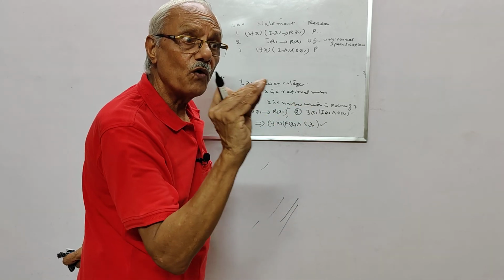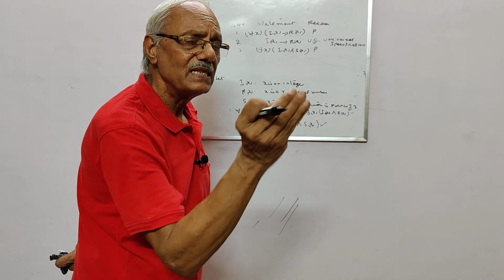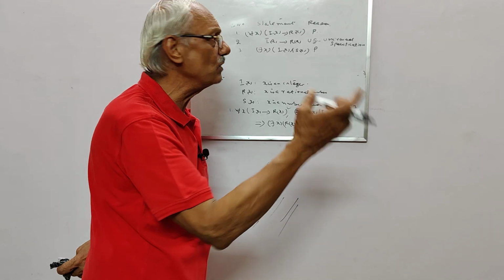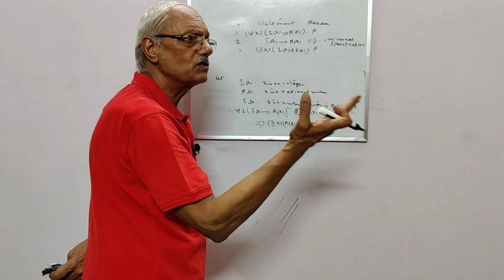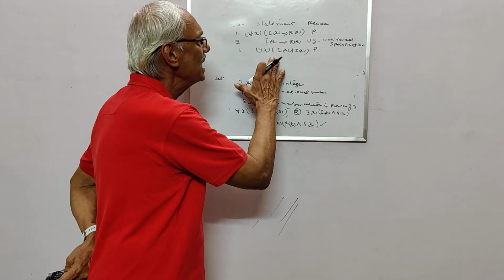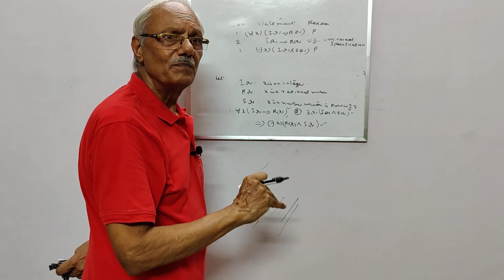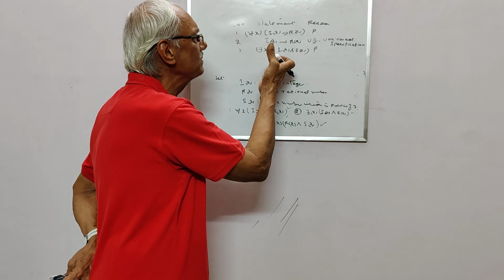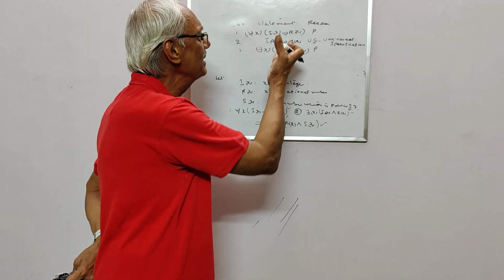But this a is any random element, so this can hold good even for that a, because that is true for all. So this is true for that element also.